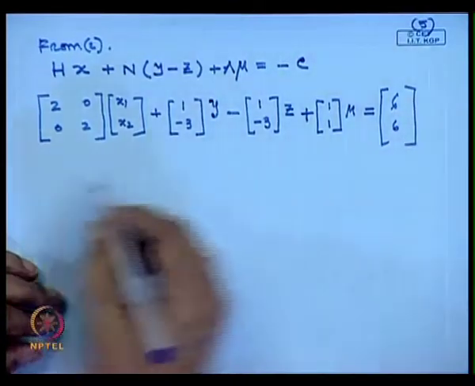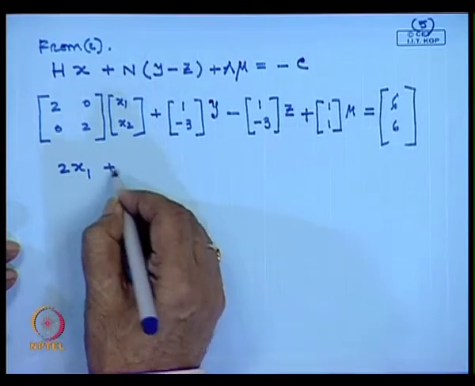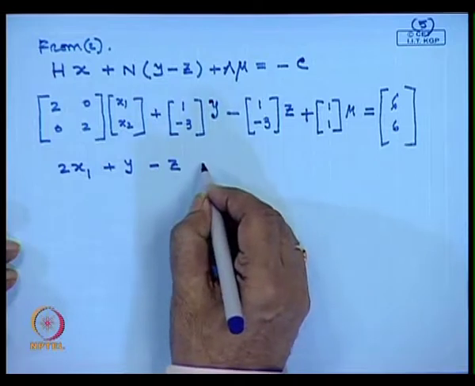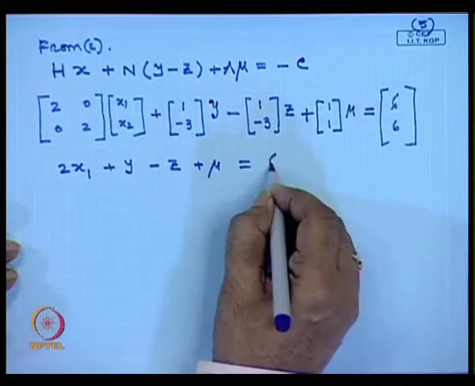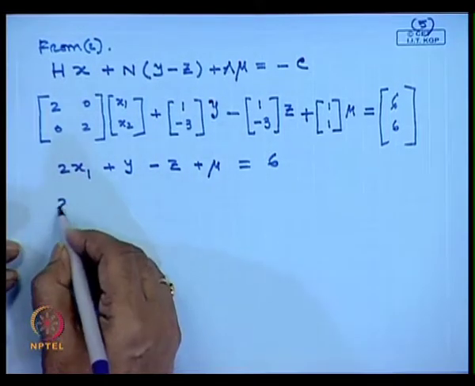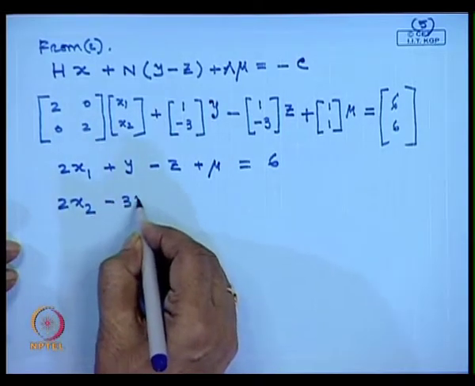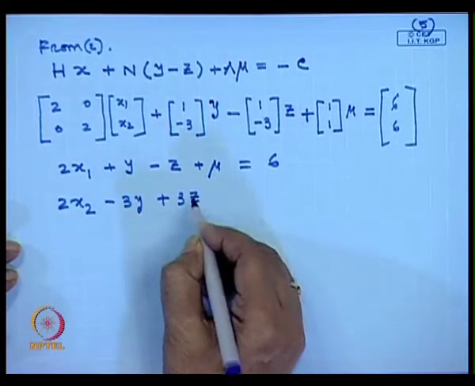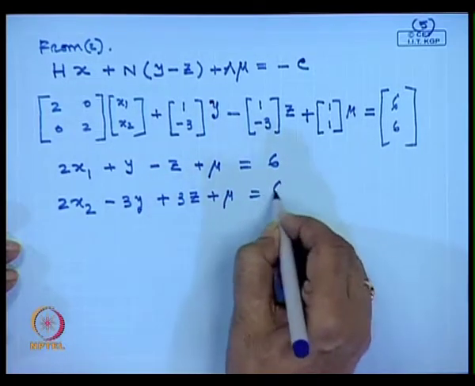So, writing more details: 2 x 1 plus y minus z plus mu is equal to 6, one equation. Agree? The next equation: 2 x 2 minus 3 y plus 3 z plus mu is equal to 6.